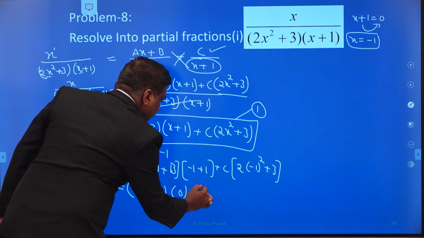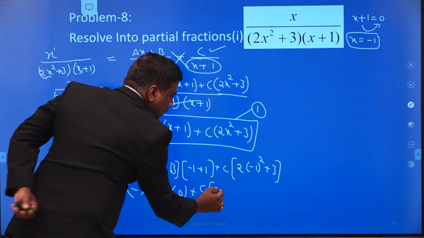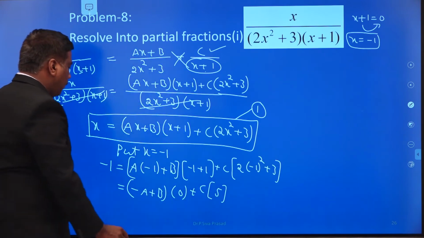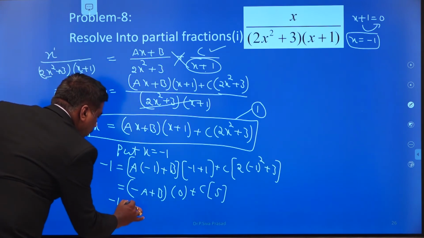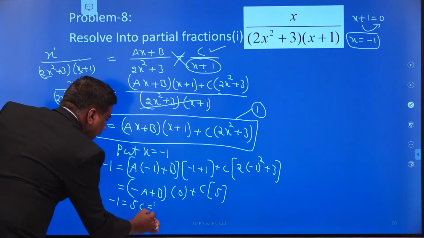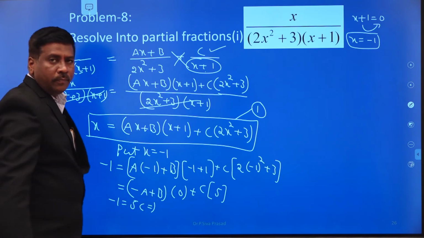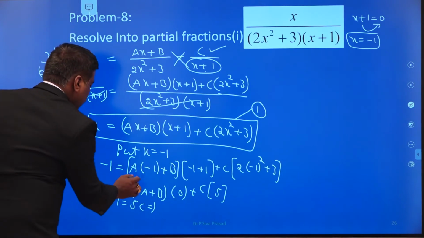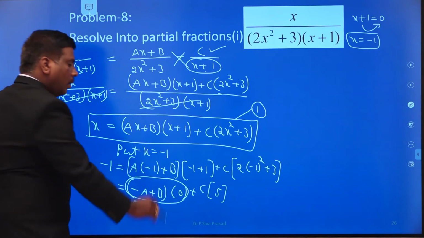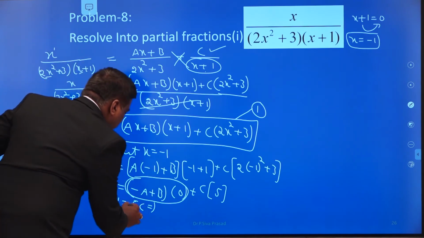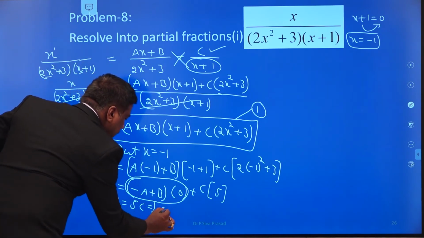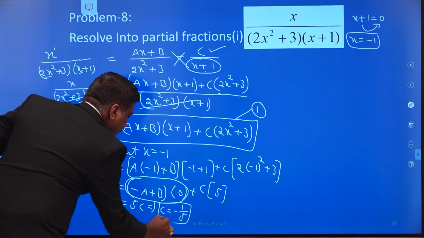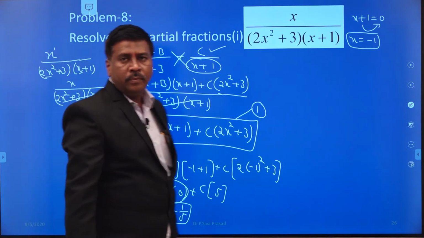Now plus C into minus 1 whole squared, that is 1, 2 plus 3, that is 5. Therefore, minus 1 is equal to 5C. That implies automatically this term is 0. When you multiply that with 0, then automatically the total factor is 0. Just only C is left over here. Therefore, directly take minus 1 equal to 5C, then C equals minus 1 by 5.